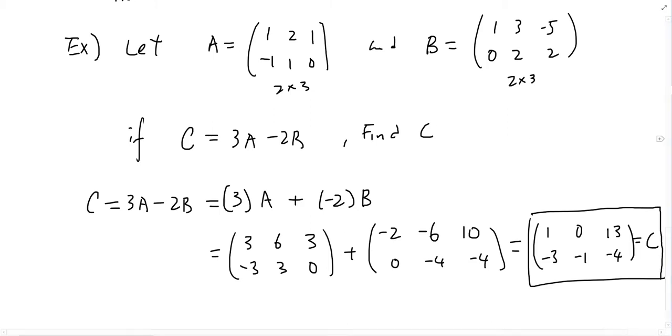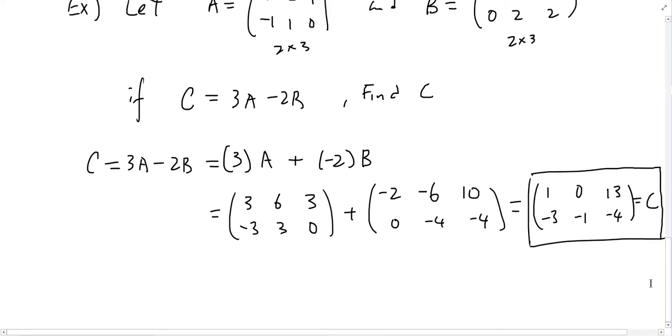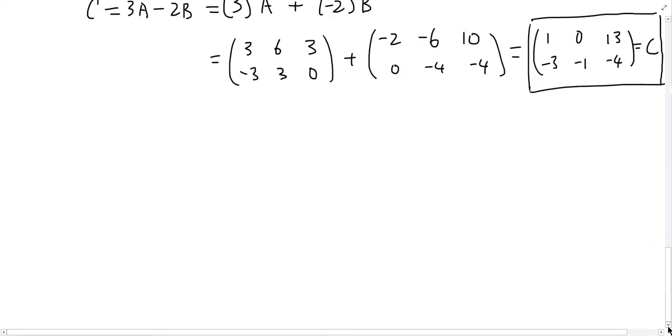One interesting thing I do want to point out is that scalar multiplication of a matrix is a little different from scalar multiplication of vectors. In scalar multiplication of a vector, multiplying a vector by a scalar keeps the direction the same but stretches out the length.